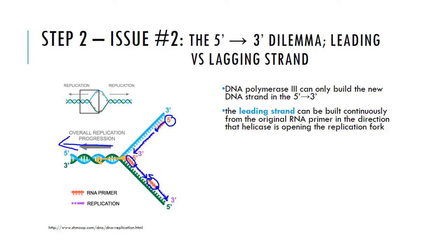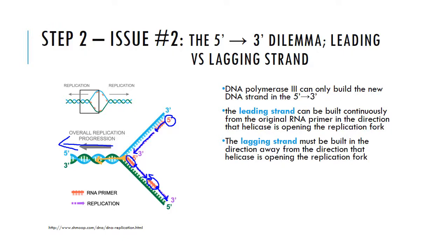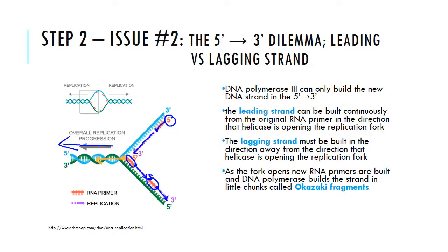However, on the other side, the lagging strand is going to be built away from the direction that the fork is opening. So like our bottom strand here, we can see it's going to have to be built in little pieces. And these little pieces are called Okazaki fragments, after the scientist who discovered that this was what was going on that other strand. And those pieces will continue to be built until we hit the next replication fork or bubble.